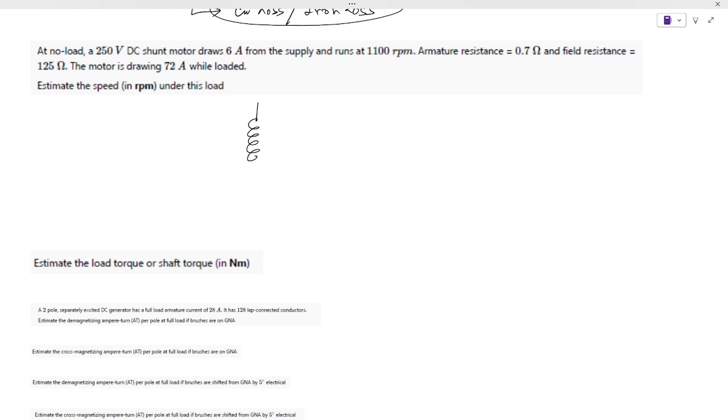Please mute yourself. Any doubt? Sir, under no load, the machine starts running. Yes, so that is also loss. Sir, when we apply the supply to the machine, it will start to rotate.